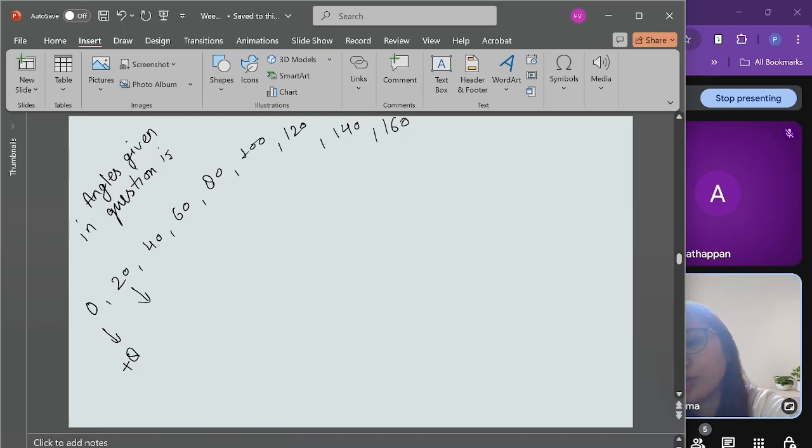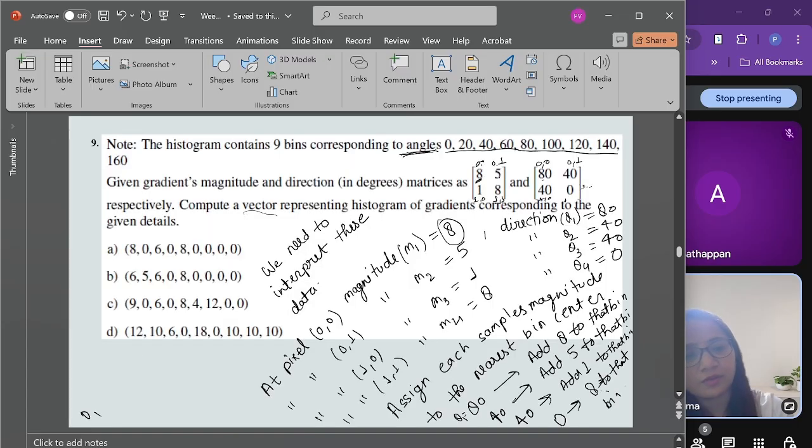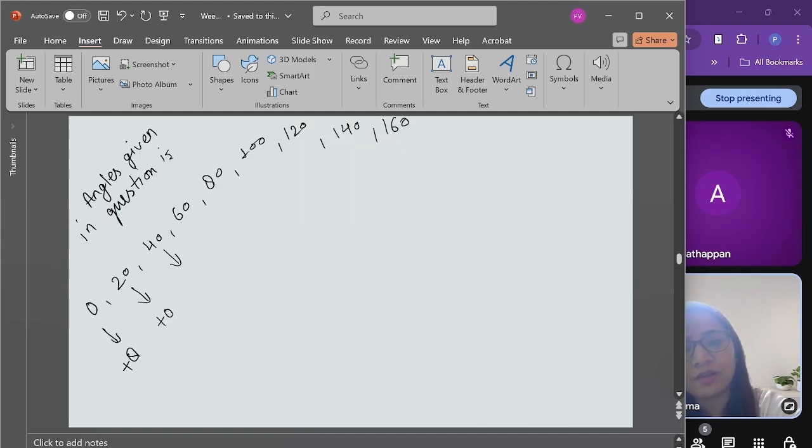Here no magnitude is given, so we add 0. Here again for 40 it is given, so we add 5, and then we add 1 also.